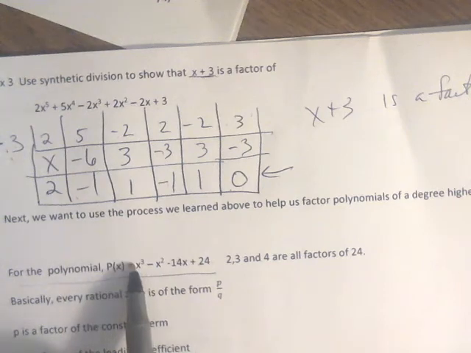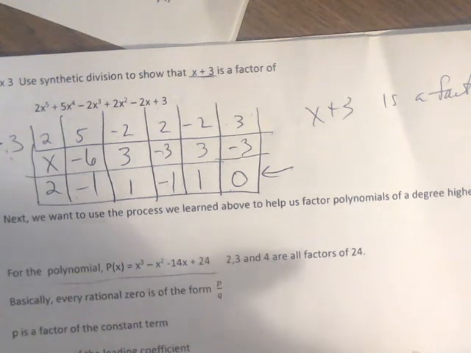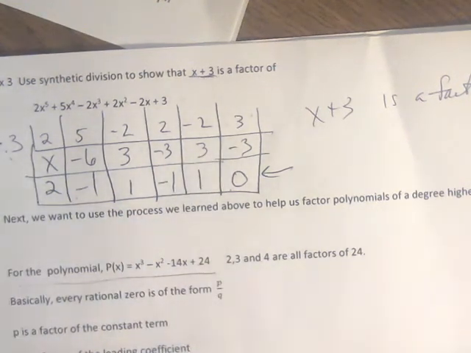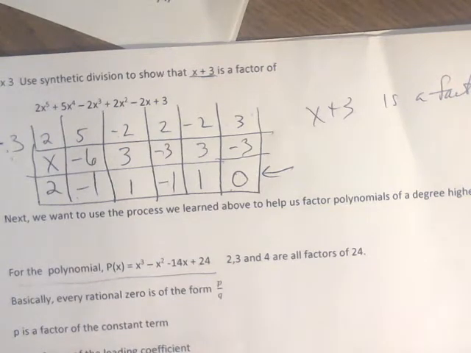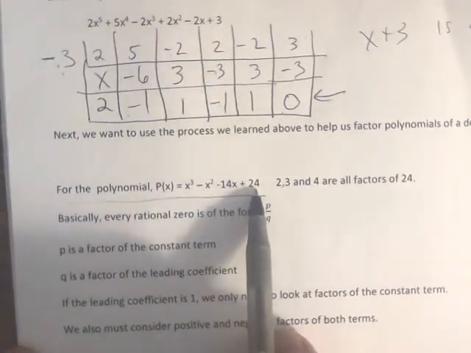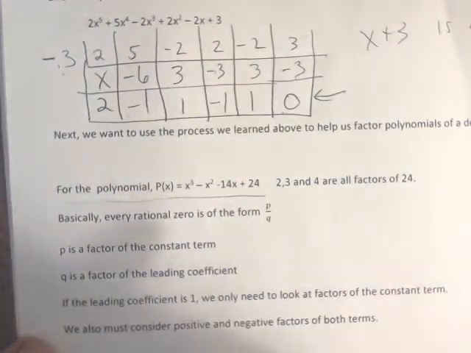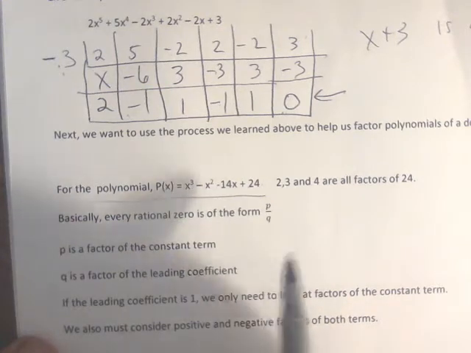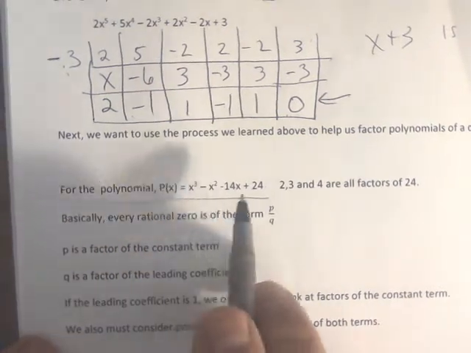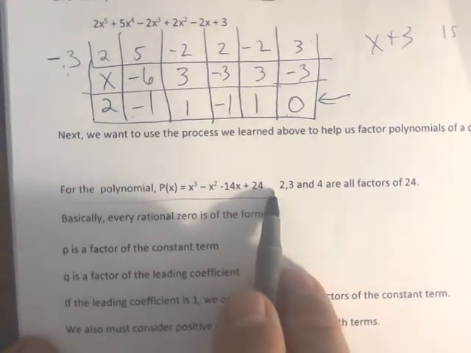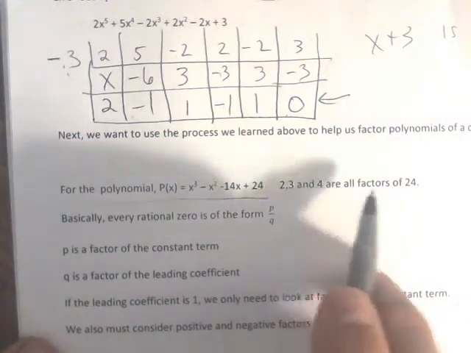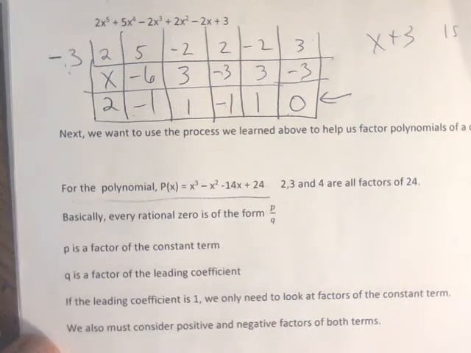In this case, it's 1. So we only need to look at the constant term here. And we also must consider positive and negative factors of both terms. So if we were to factor this from the start, we would look at positive and negative factors of 24. There's a lot of them. So we would look at positive negative 1, 2, 3, 4, 6, 8, 12, and 24.